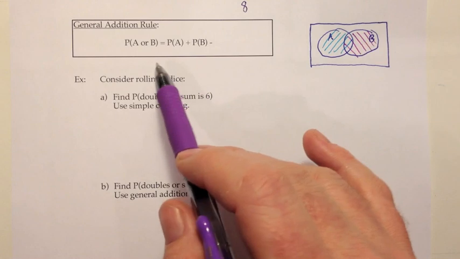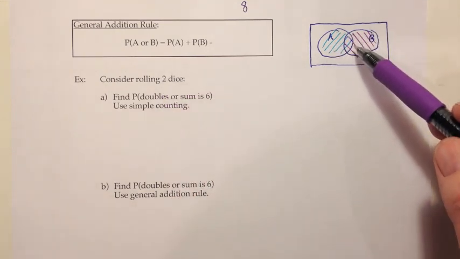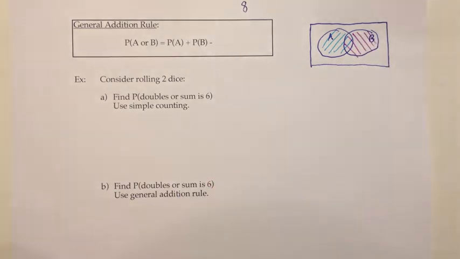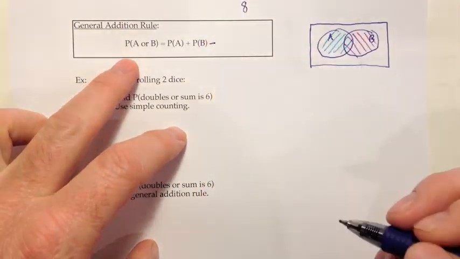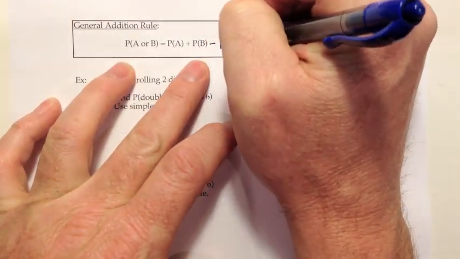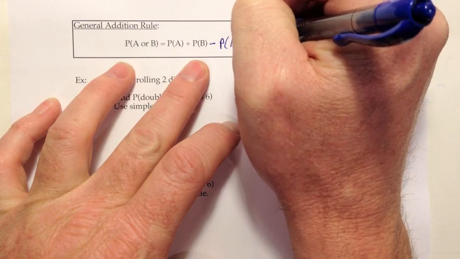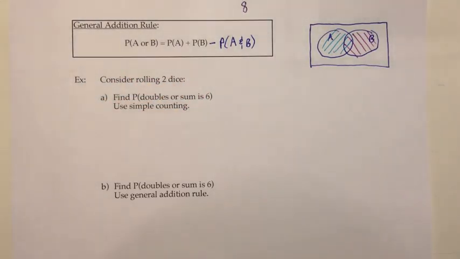So what we want to do with this rule is say, okay, if you count everything in A and count everything in B, you're going to get the overlap twice. So what we need to do is subtract out the extra copy. So we're going to add the probability of A and the probability of B, but then we're going to subtract out the probability of A and B, which represents that overlapping piece, and it gets rid of the extra copy that we have. So that's what the general addition rule says.